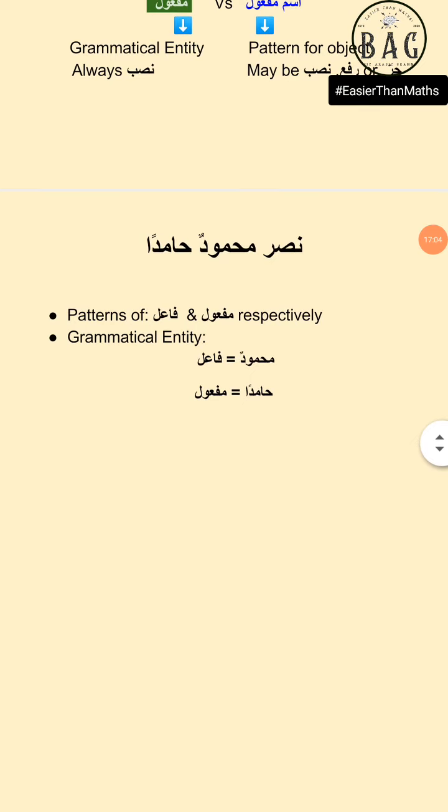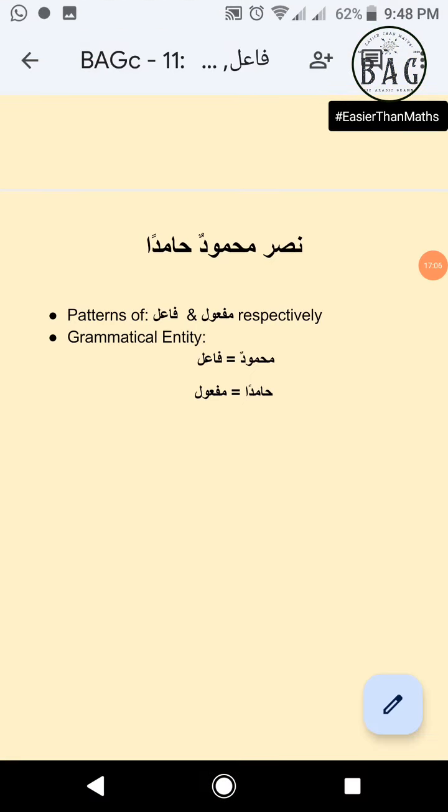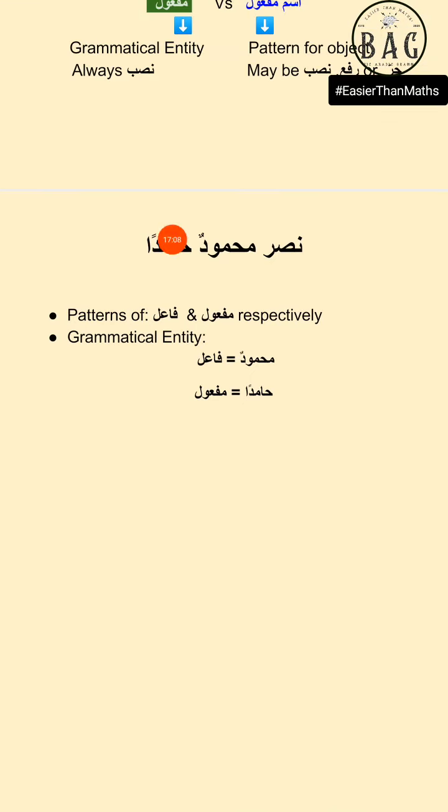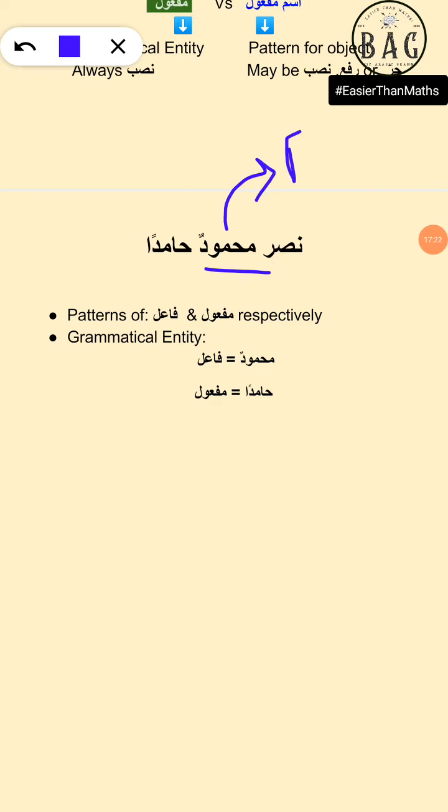All right, and a final sentence for this final example: nasara mahmudun hamidan. Now here, grammatical entity wise, the word mahmudun has been labeled as fa'il because it is rafa, and hamidan will be labeled as a maf'ul because it is nasab.